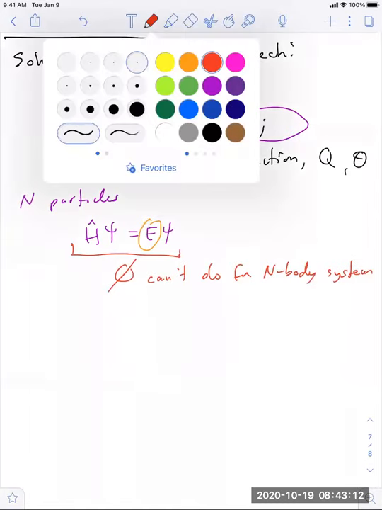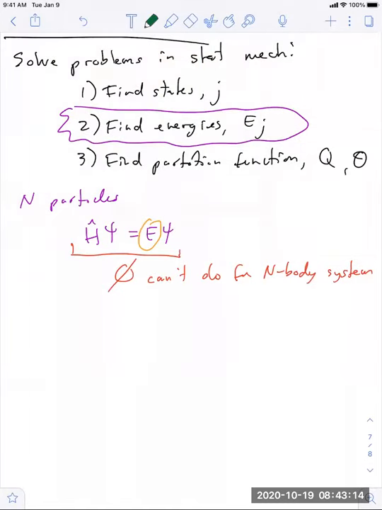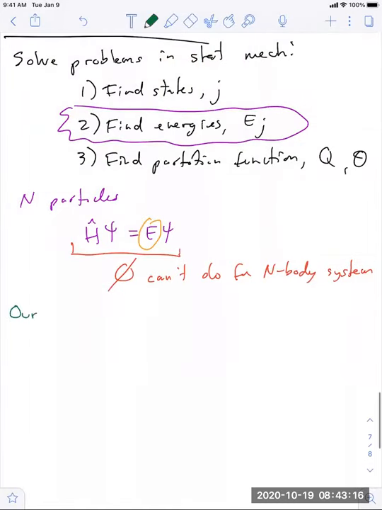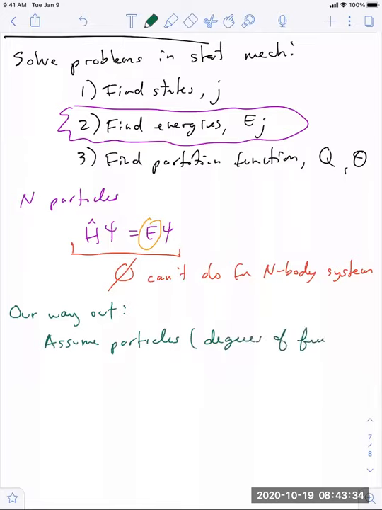So we're kind of stuck here on step 2, but fortunately, for the sake of statistical mechanics, we can make some assumptions. Our way out of this problem is to assume that our particles, or more generally, our degrees of freedom, are behaving independently.